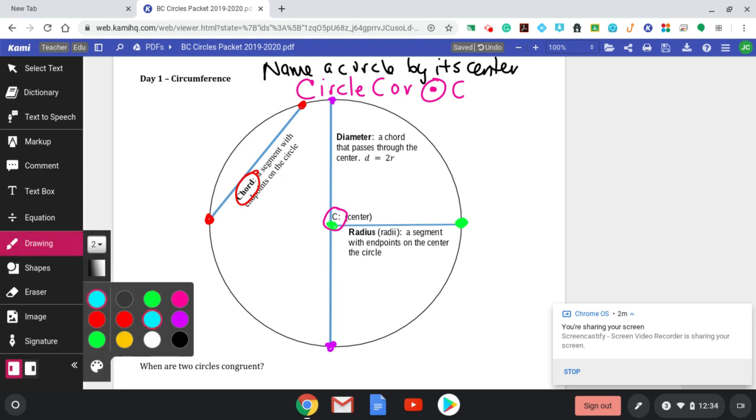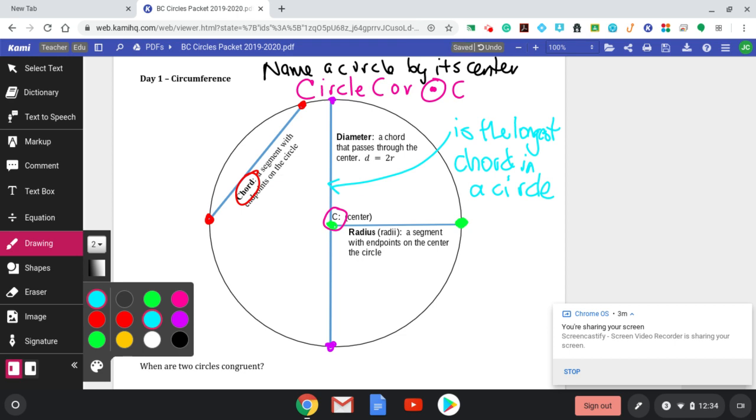And just a little fact for you to impress everyone at dinner tonight: the diameter can also be considered a chord, because the endpoints are on the circle. The diameter is the longest chord in a circle. No chord will be longer than it.